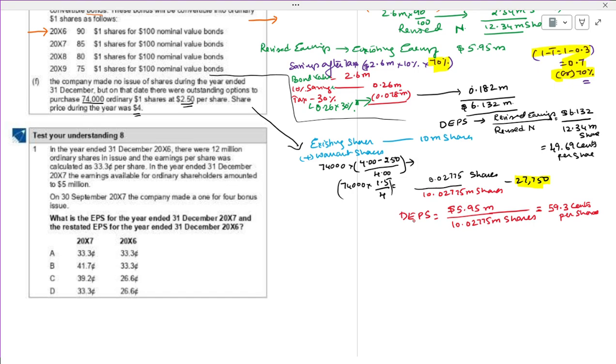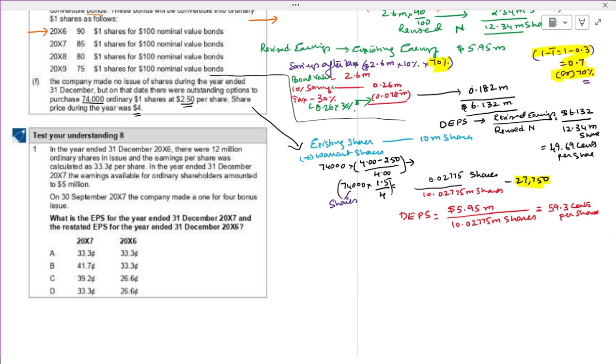How did we get 0.02775? Multiply with what? See, 74,000 shares are there. These are shares.